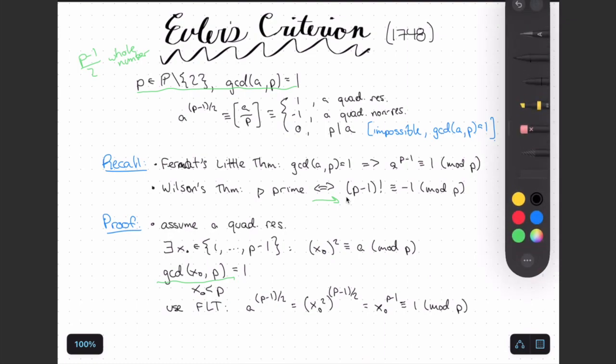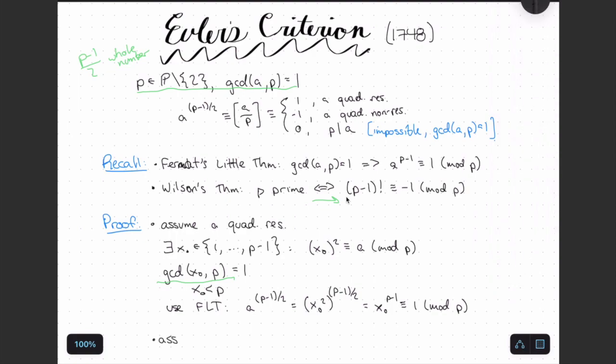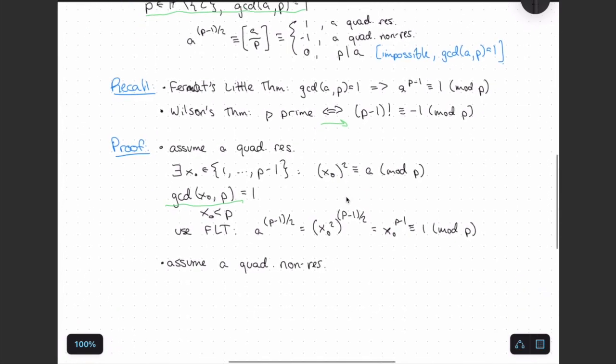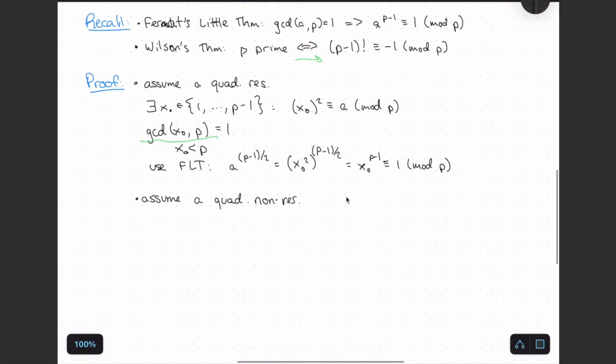Next, we will assume that a is a quadratic non-residue. Now, what does this mean?